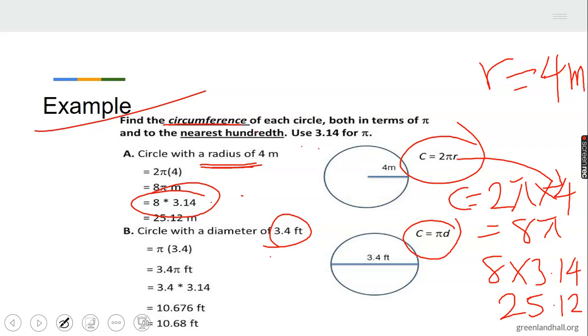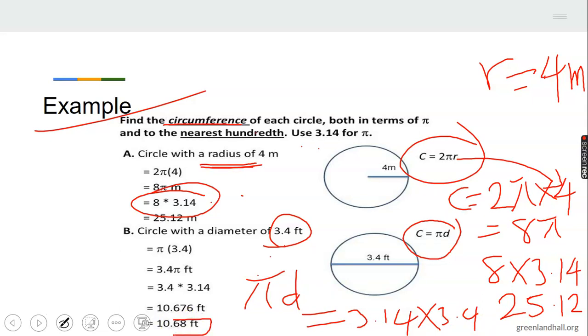But when d is what was given, you use C equals pi d, which equals 3.14 times, what is our d? 3.4. Your answer is 10.68.